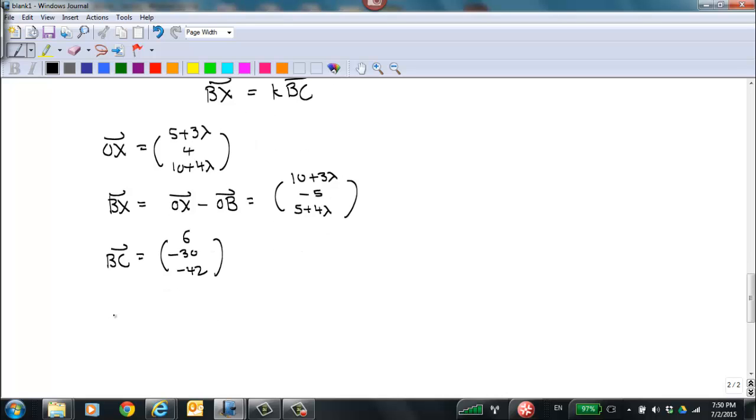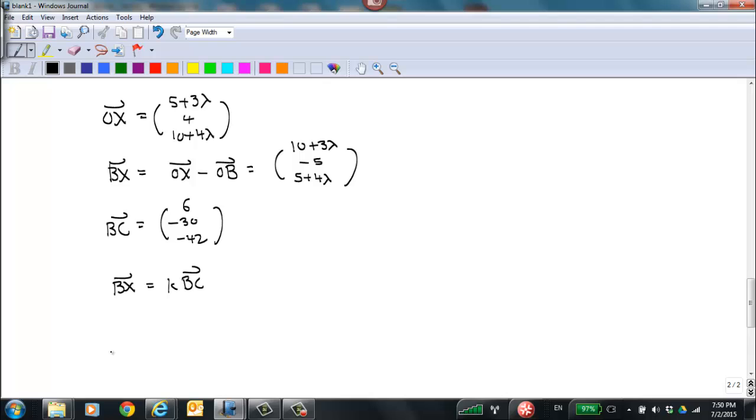So therefore, since B, X, C are collinear, BX will be equal to K BC. This means that 10 plus 3 lambda, minus 5, 5 plus 4 lambda must be equal to K times 6, minus 30, minus 42.